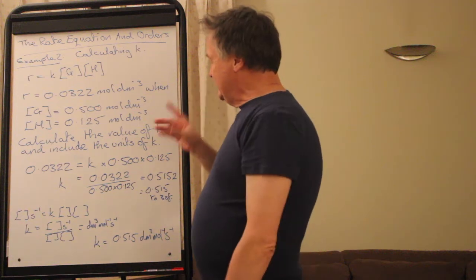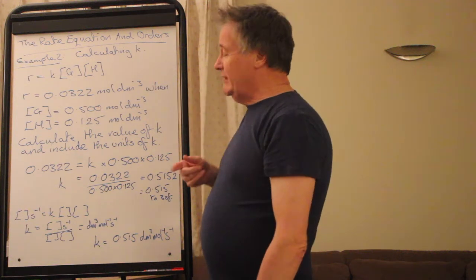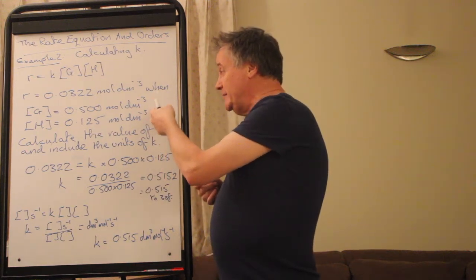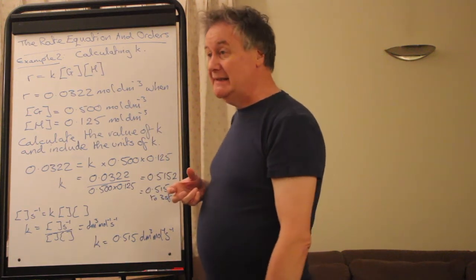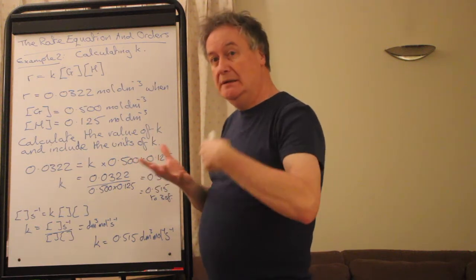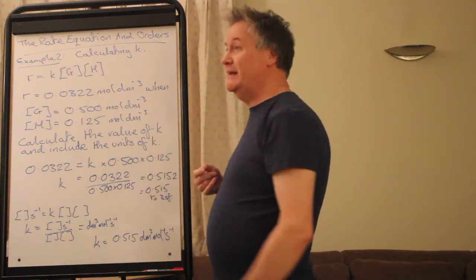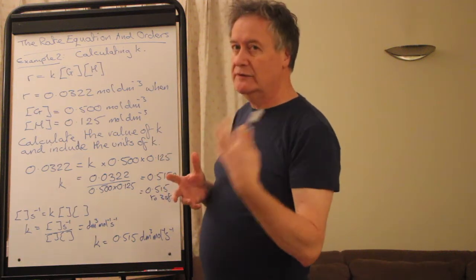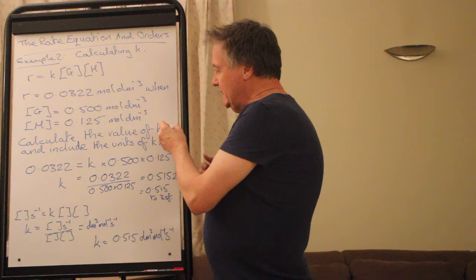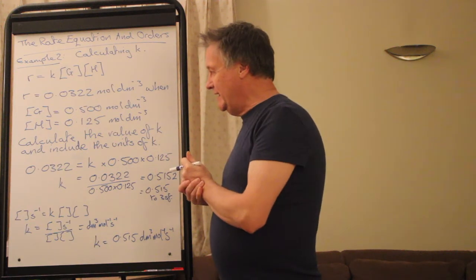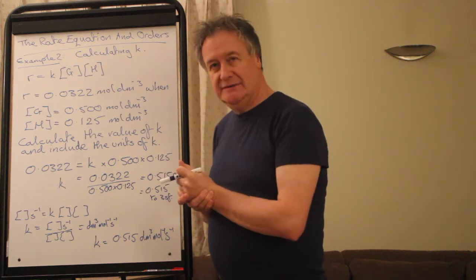So at these concentrations, that was the rate. Now this could be like an initial setup, so you set these two up to be these concentrations in the container, and when you put the second chemical in and the reaction got going, that was the speed it got going at the beginning. It's called an initial rate. We had that off the graph before. So we're going to calculate the value of K and include the units of K.